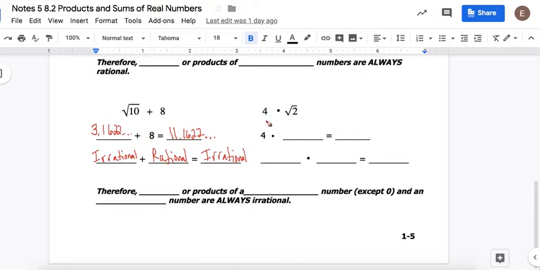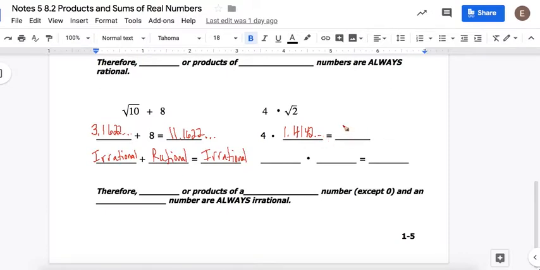Now let's look at a product. So we have 4 times the square root of 2. The square root of 2 is 1.4142, dot, dot, dot.